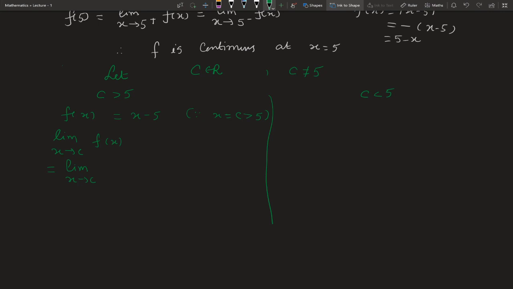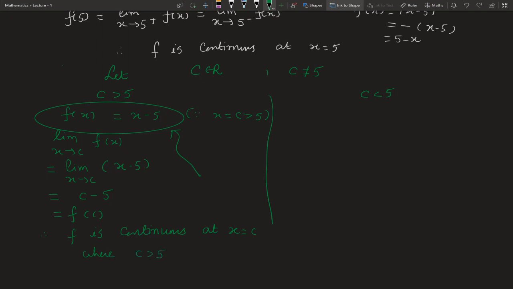So we take f of x equal to mod x minus 5 equal to x minus 5. Limit as x tends to C of x minus 5: put x equal to C, C minus 5, and this is nothing but f of C. Therefore, f is continuous at x equal to C, where C is greater than 5.